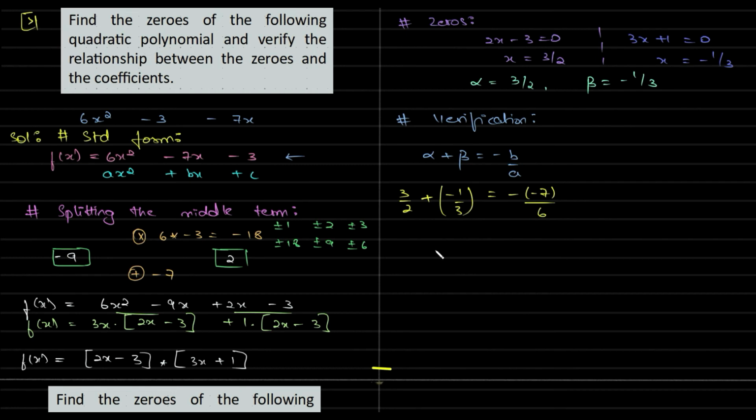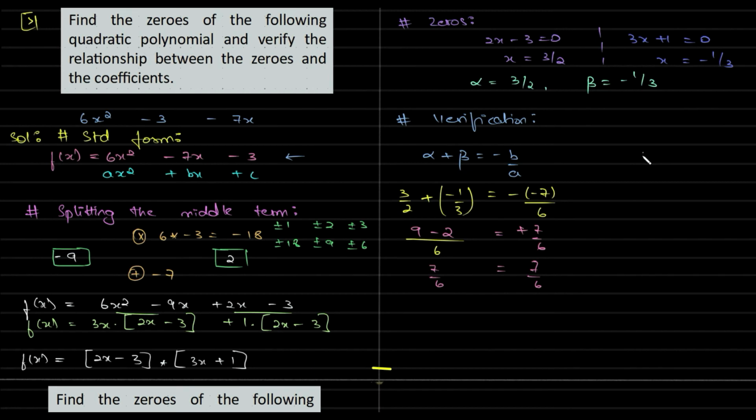So LCM is 6 and in the numerator you have 9 minus 2, is equal to plus 7 by 6. So when you solve it, we will get 7 by 6 being equal to 7 by 6.